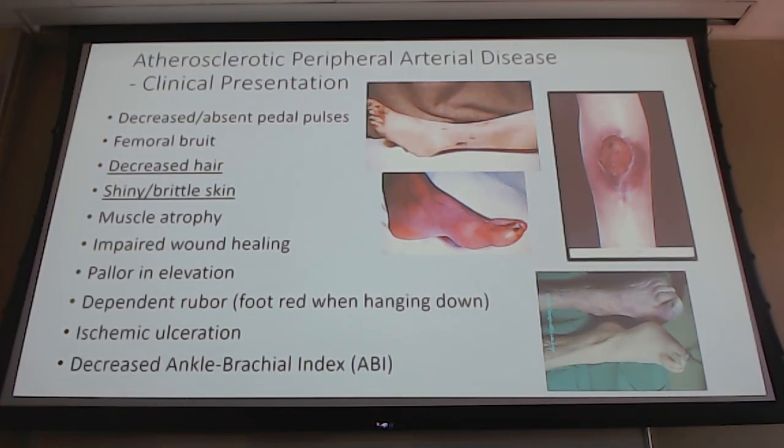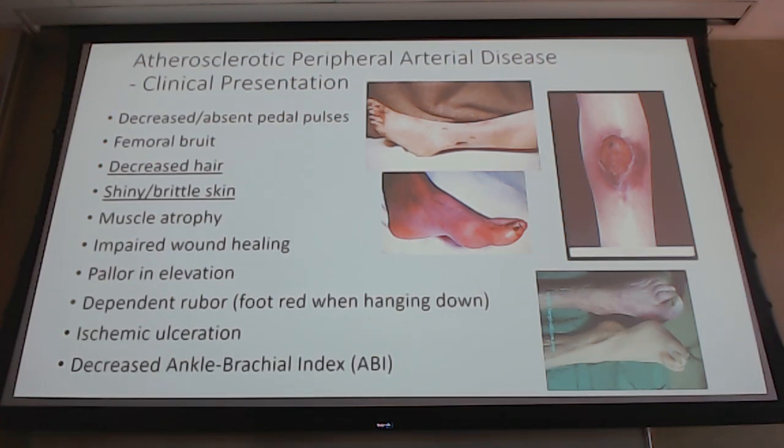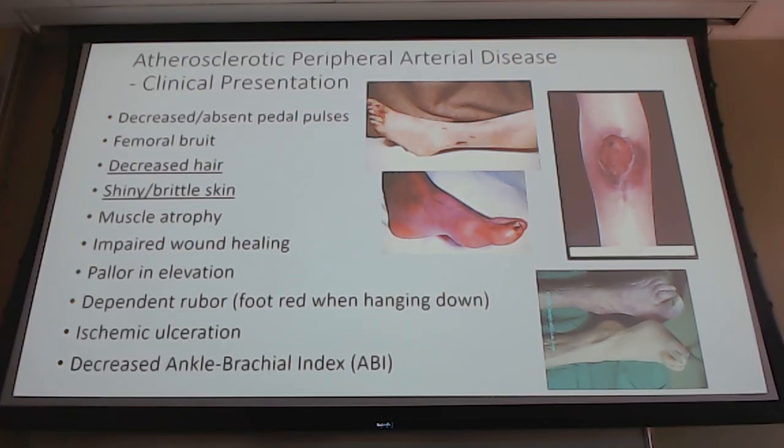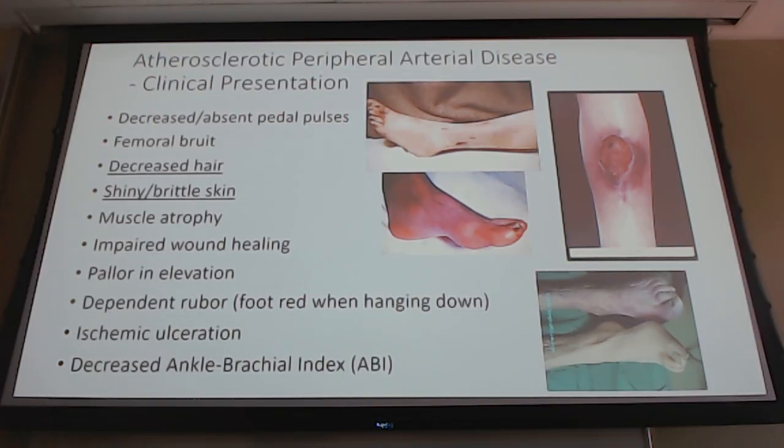Muscle atrophy, impaired wound healing, so the people with chronic wounds. If you elevate their leg, it'll become very pale. If you let the foot hang down, it'll actually turn red. And then decreased ankle brachial index.